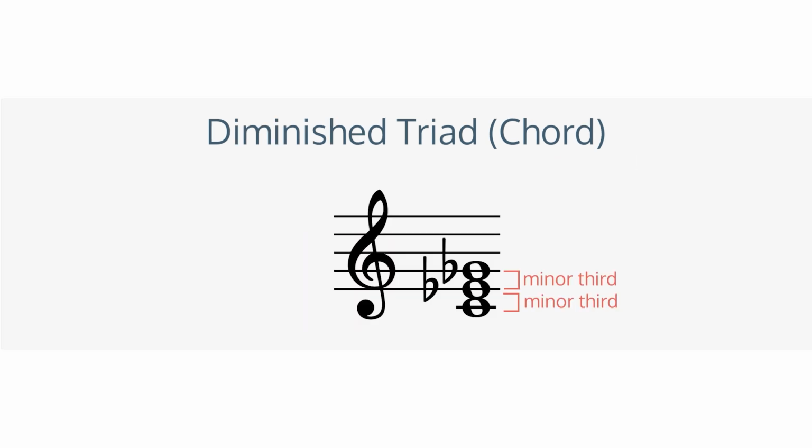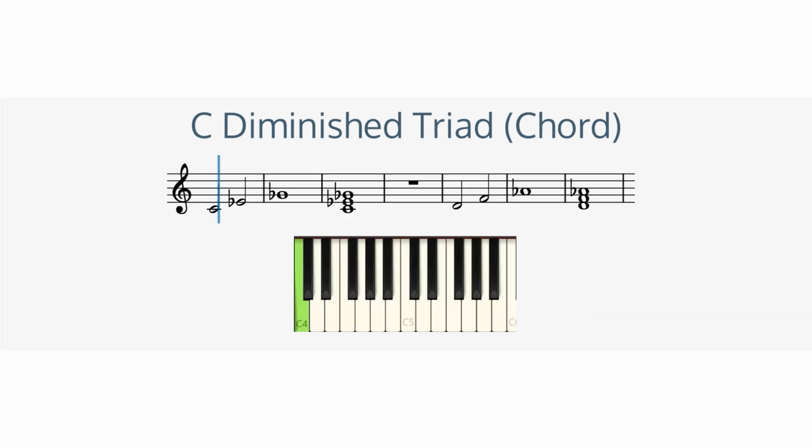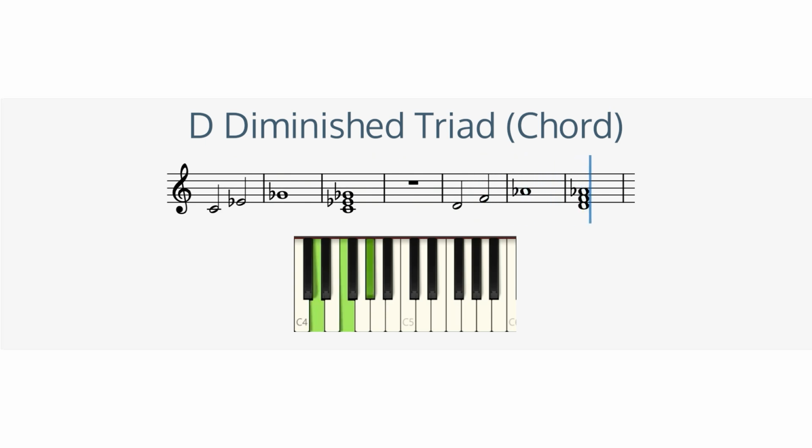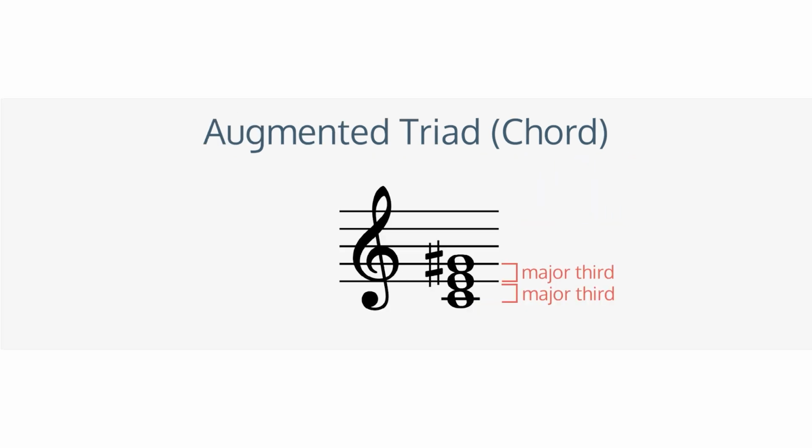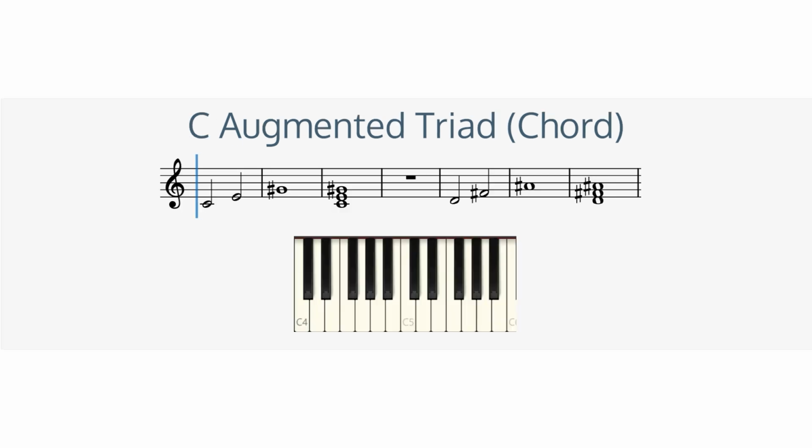The diminished chord is made up of 2 minor thirds. The augmented chord consists of 2 major thirds.